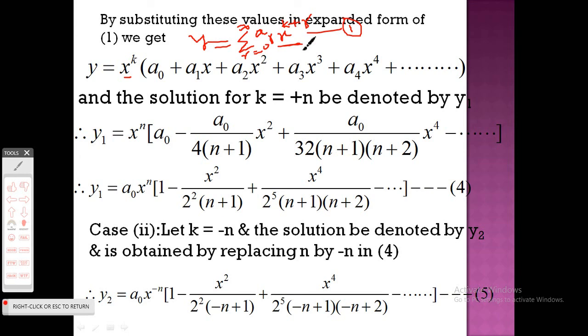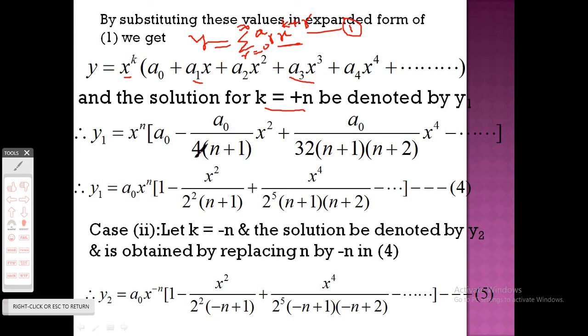Plus, let me move to r is equal to 2. When I substitute r is equal to 2, a2 into x square plus a3 into x cube and so on. This is the expanded form of y is equal to. Hope it is clear.